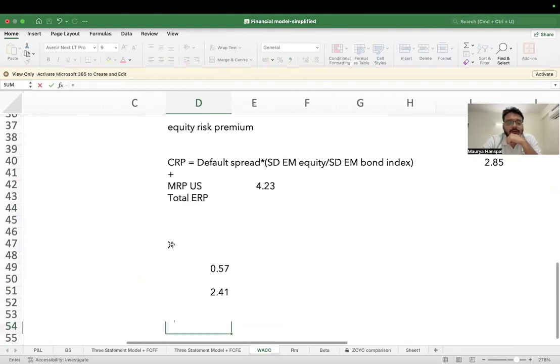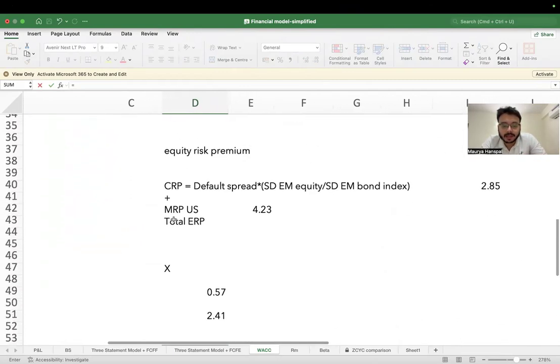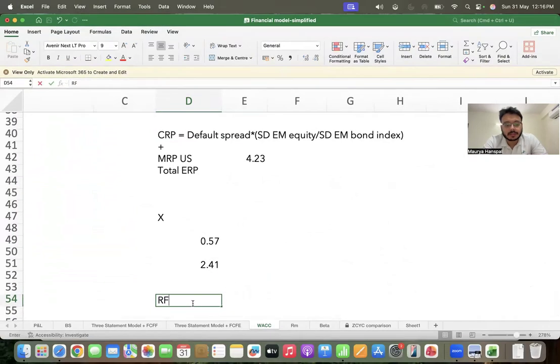So simply I have this 5.13 number with me, correct? So what I will do is my formula becomes the risk-free rate plus beta, right, into this market US premium number, MRP.